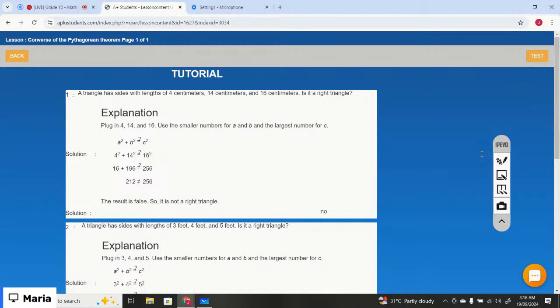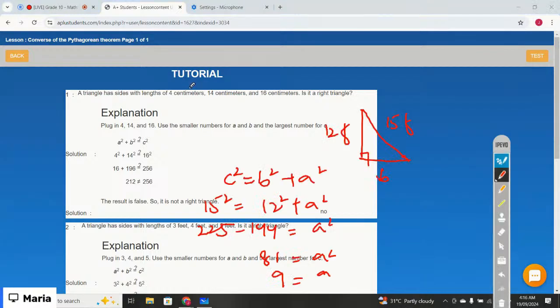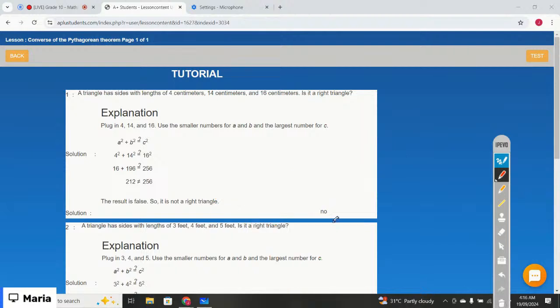So basically you are given the side lengths of the triangle. You have to see if this triangle makes a right triangle.